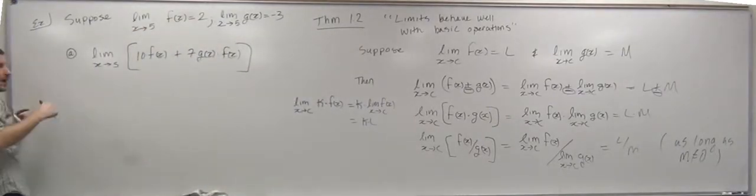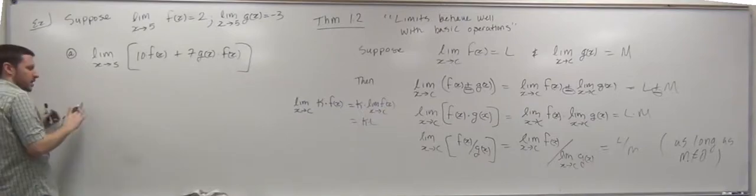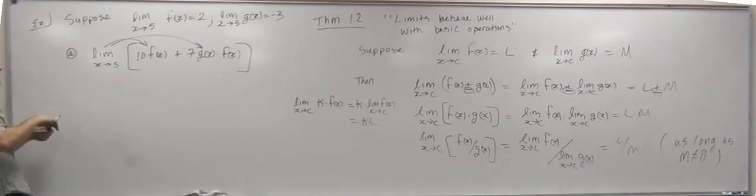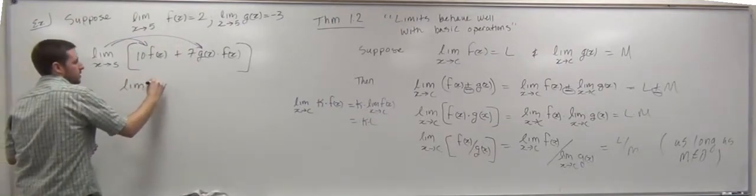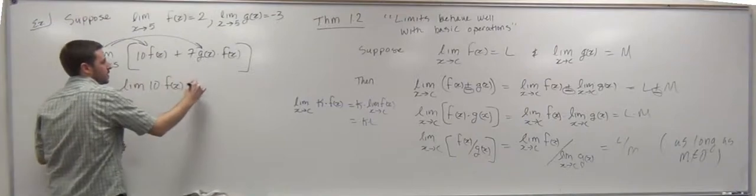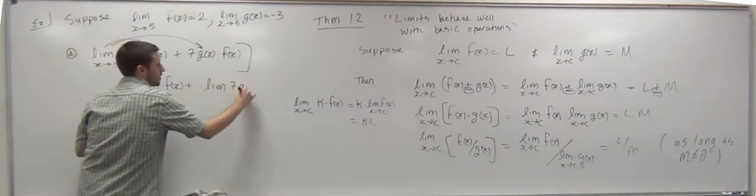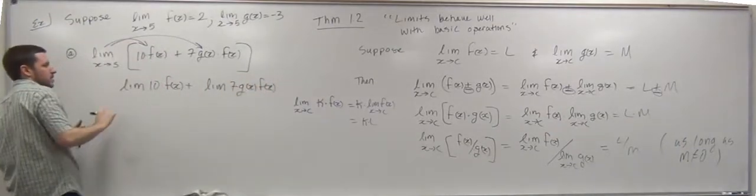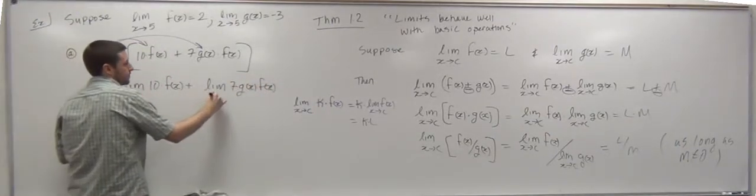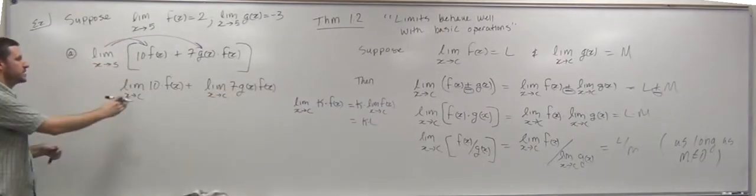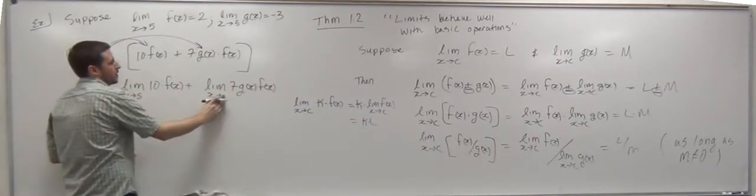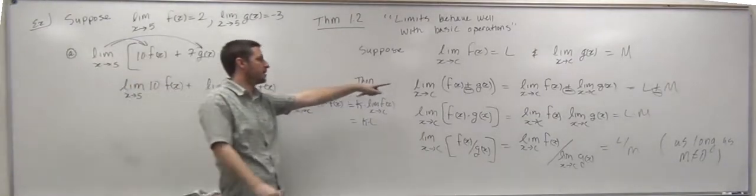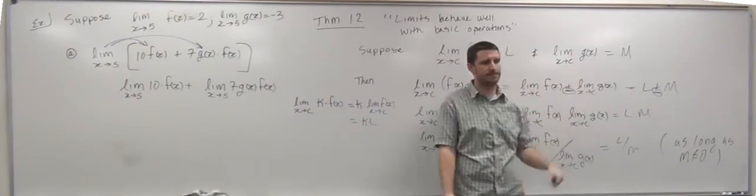So if I were doing this out in gory detail, I would start with doing the limit to each of these, like this. See what I did there? Because of this rule right here, I'm able to push the limit into each of them.